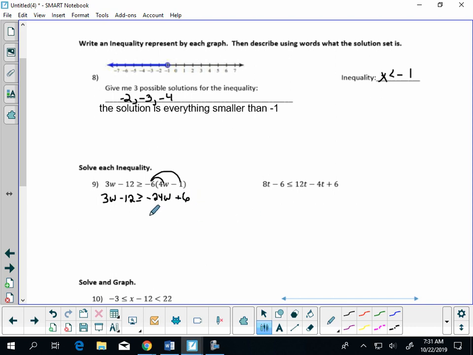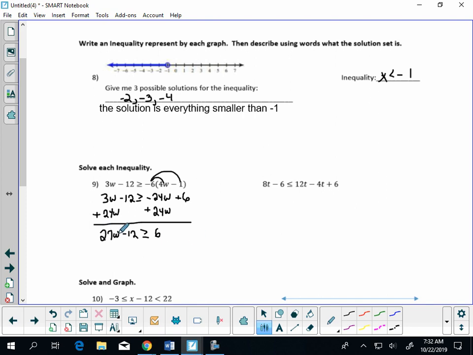Well, we need to get all of our w's on the same side, so I'm going to add 24w to both sides. When I do that, I get 27w minus 12 is greater than or equal to 6.